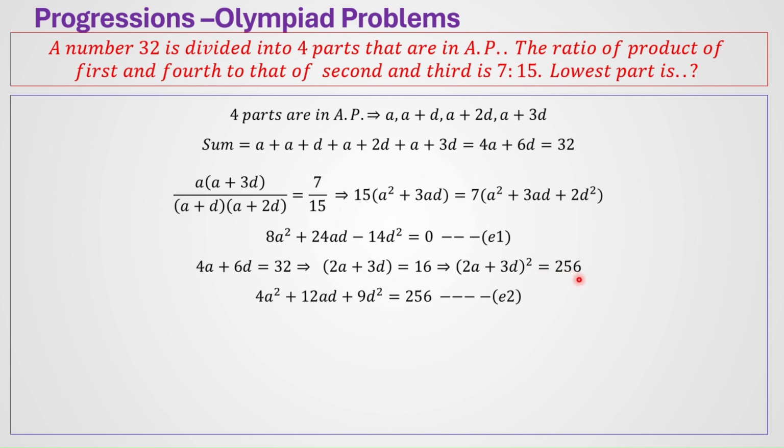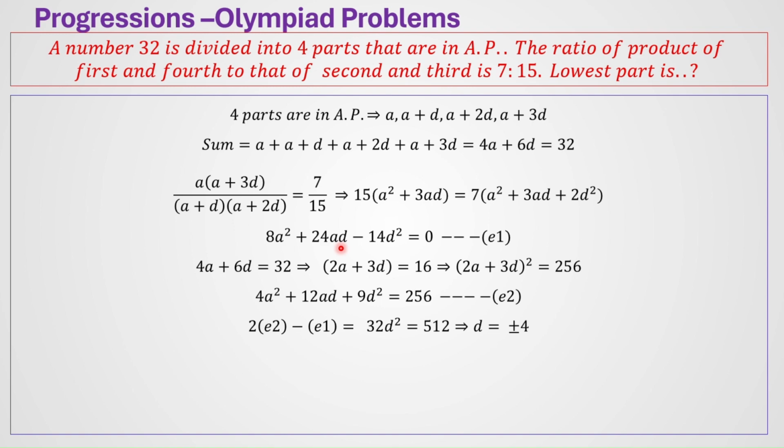That is nothing but 4A square plus 12AD plus 9D square equal to 256, E2. The other way of solving is to replace A in terms of D and rewrite the equation and solve it. But since these terms are matching very closely, I thought of doing it this way.